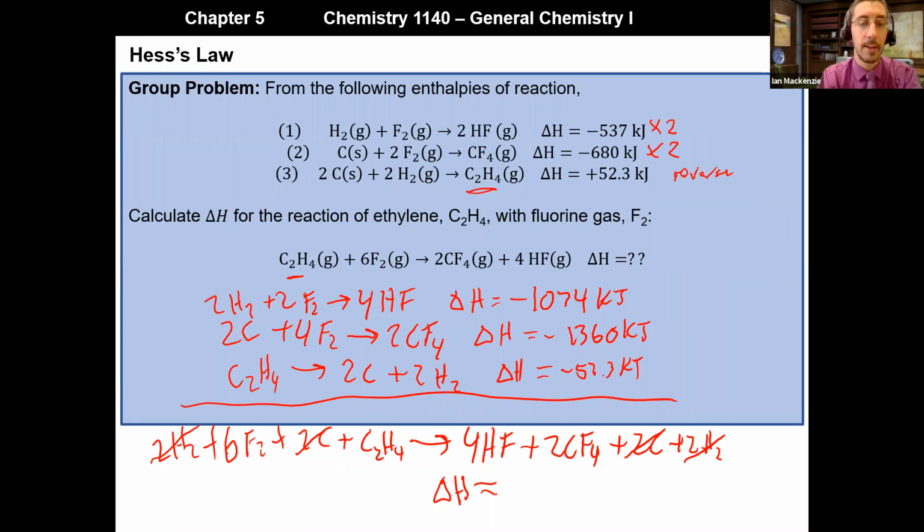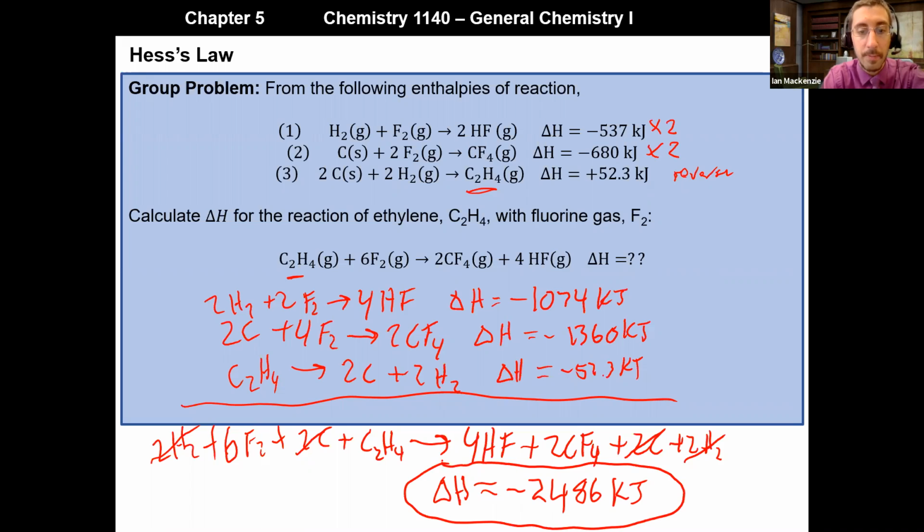I follow the significant figure rules for addition and subtraction, so I'm limited by the least number of decimal places, and I come out with negative 2,486 kilojoules for this reaction. And that's how we use Hess's law to help us determine the enthalpy for a reaction that would be difficult for us to determine otherwise.